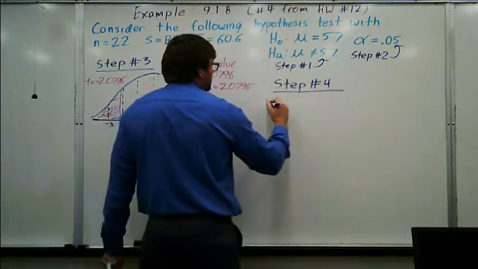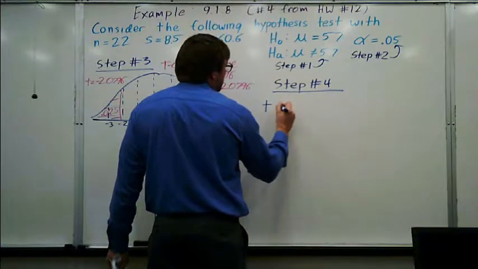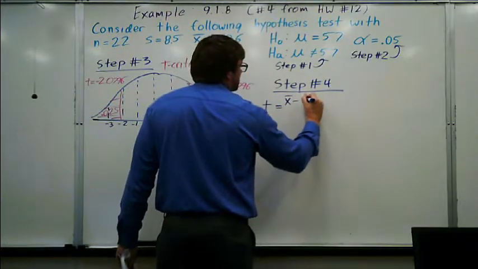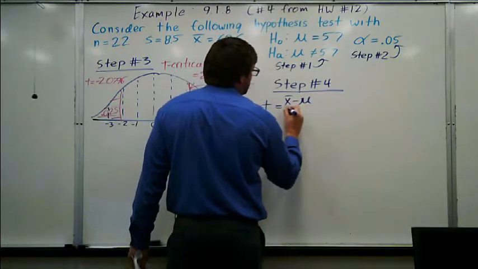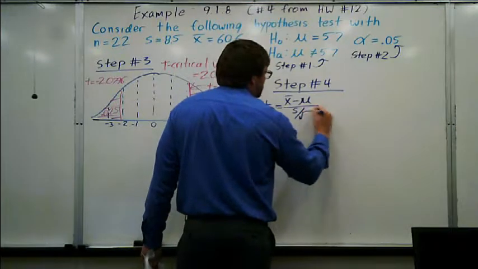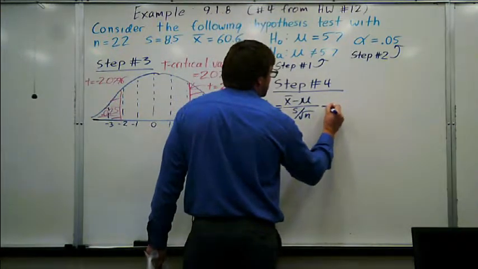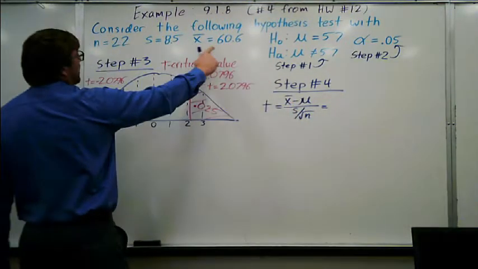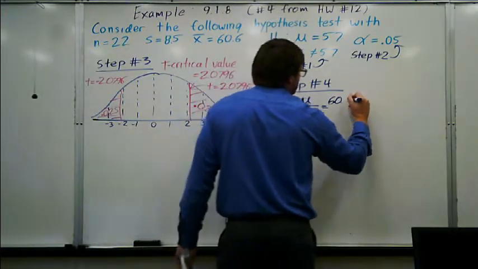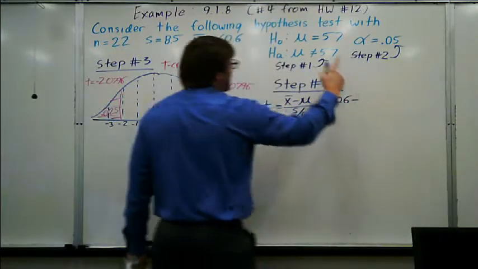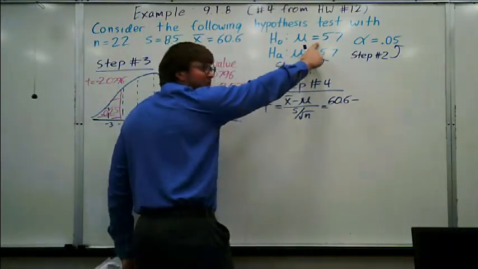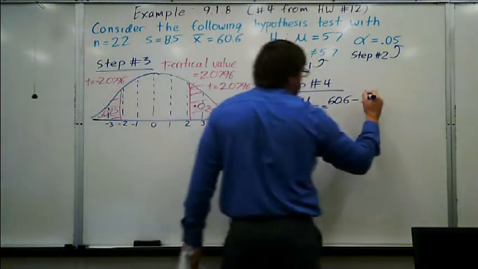And your formula of course says that your t value is equal to your sample mean, subtract out your population mean, divided by your sample standard deviation, divided by the square root of the sample size. Our sample mean was 60.6. Subtract out our hypothesized population mean, 57.